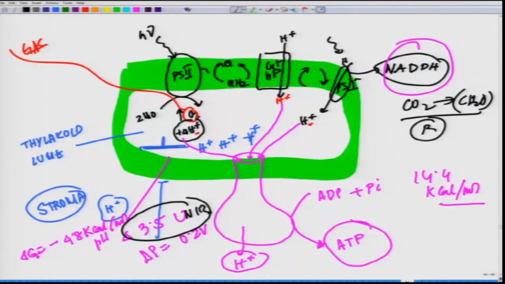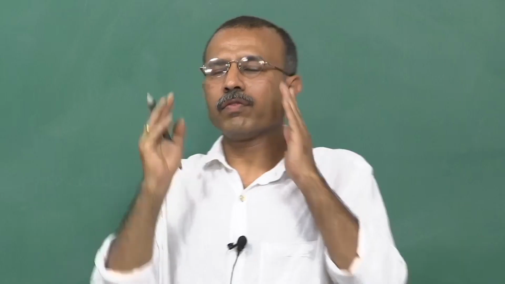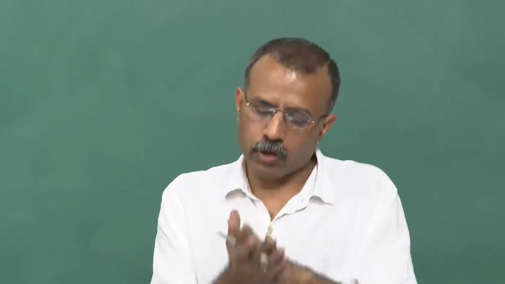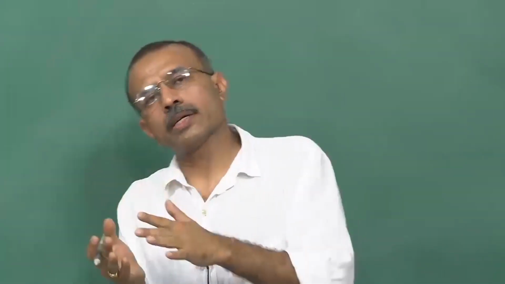But if across this the pH gradient is less than 2, then there won't be any ATP synthesis because the driving force is then too small. So, you are realizing this whole dynamics is a function of your gradient and flow. As long as you can maintain the gradient, you can always attain a flow.